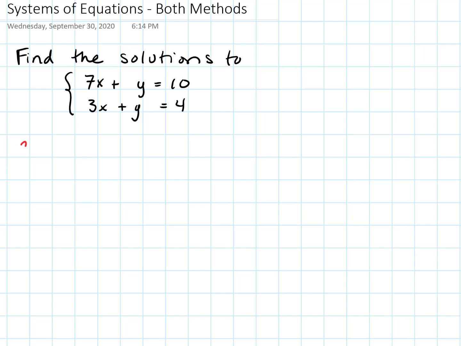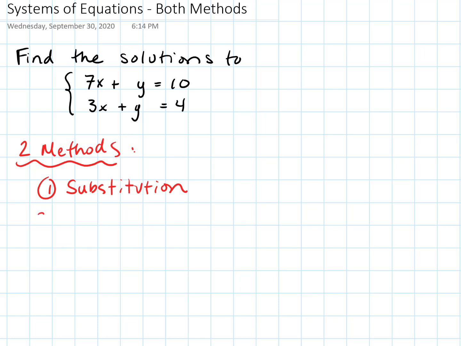The two methods that I want to focus on in this video are substitution, and the other method called elimination or addition method.